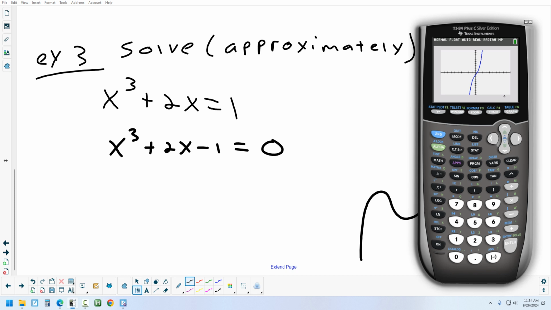And it looks to me like it crosses at about 0.5. But let's figure it out with a little bit better accuracy. Pick a point to the left, pick a point to the right, and do your guess. It's close to 0.5. It's actually 0.45.